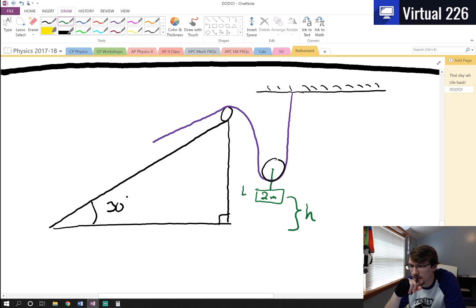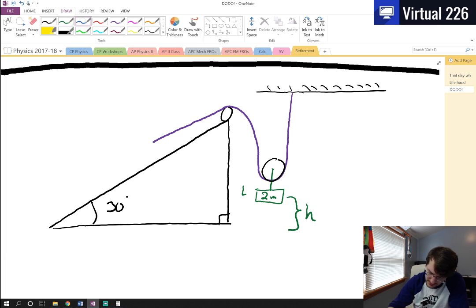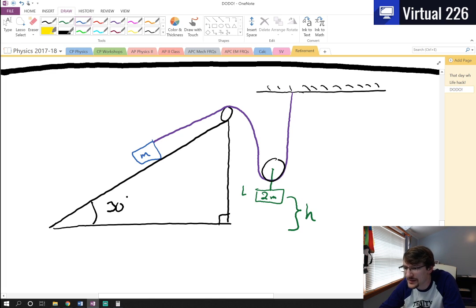And then there's a block here which has a mass m.